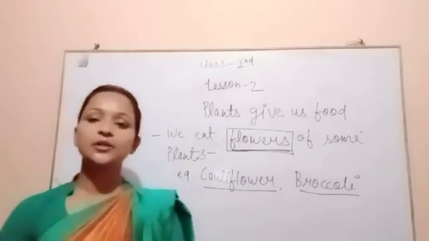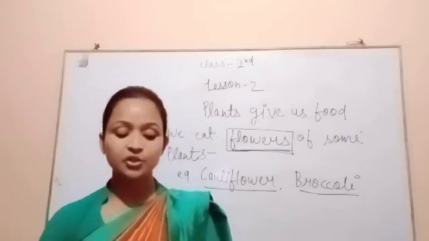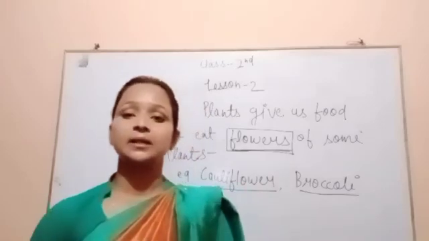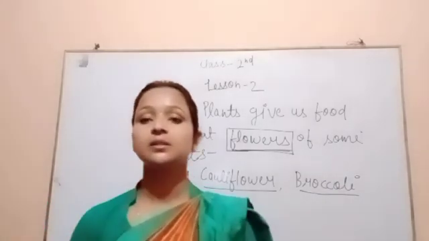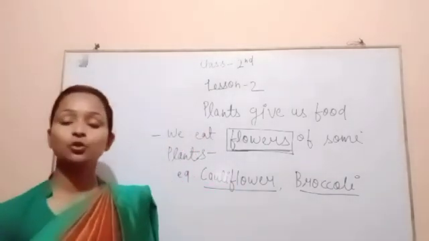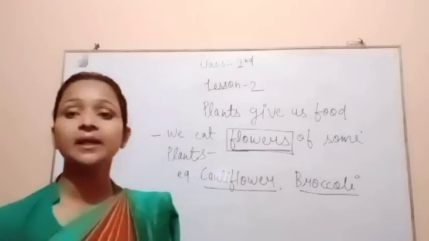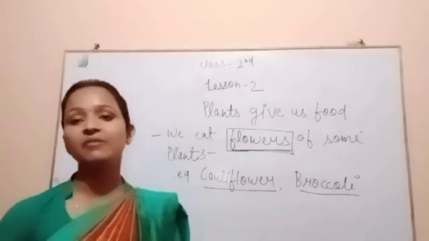Till here you will take revision. All of you read what I taught you today. In your copy you can draw the diagram of 5 different fruits and 5 vegetables.